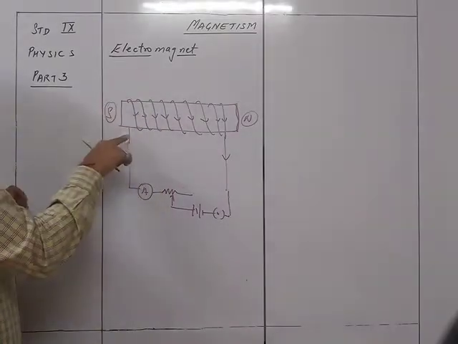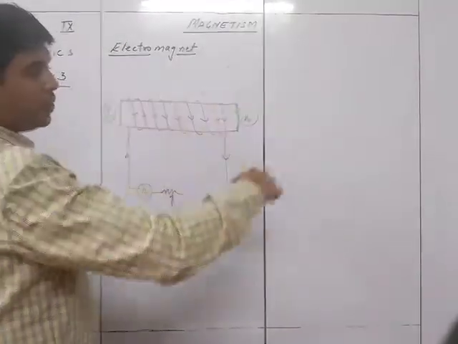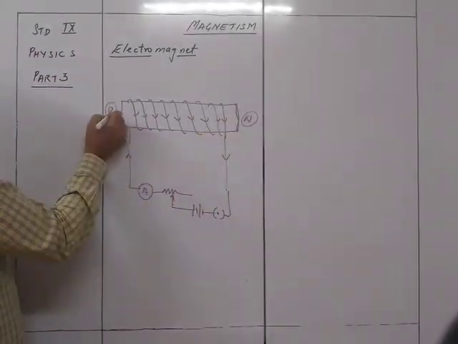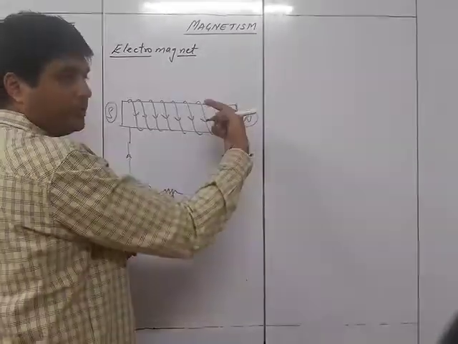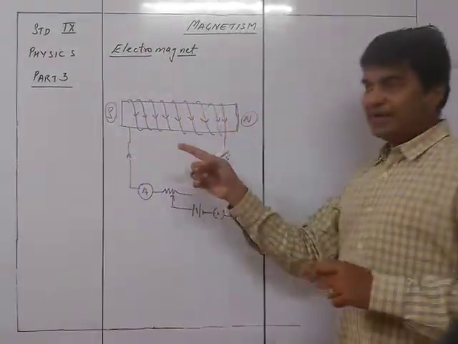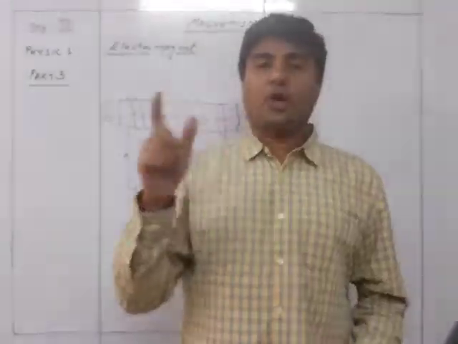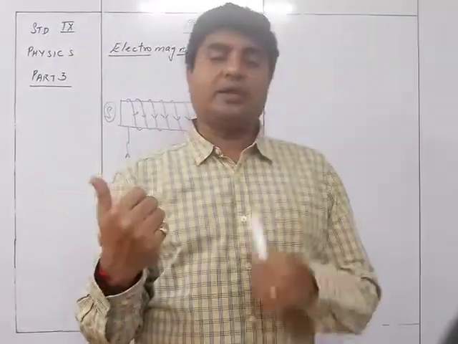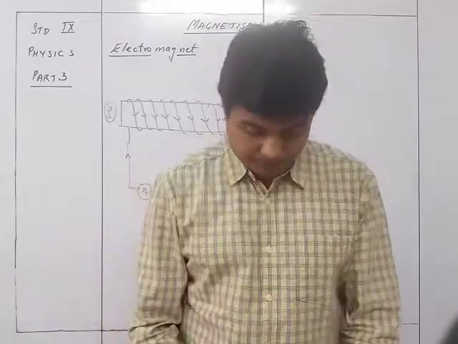The current goes back and round and round. You can see this is clockwise, and because it is clockwise, there will be a south pole. From this other direction, the current is anti-clockwise, that's why it is the north pole. So the point where the current is going clockwise is the south pole, and where the current is seen as anti-clockwise is the north pole.